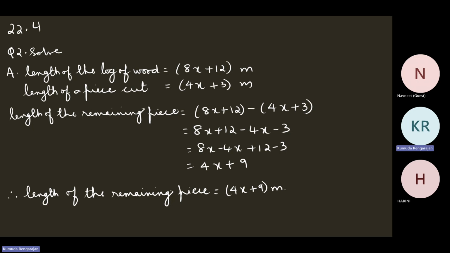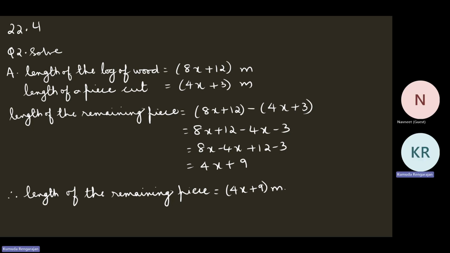So this one is a word problem. The length of a log of wood is given to us and a piece is cut from it. So we have to find the length of the remaining piece of the wood. So we know we have to subtract, right? Yes, ma'am. Subtract. The length of the wood is given by the expression 8x plus 12, and the length of the piece cut off is 4x plus 3.